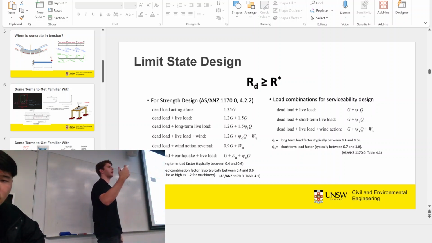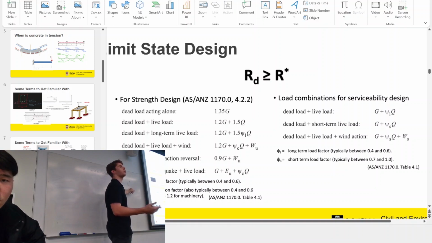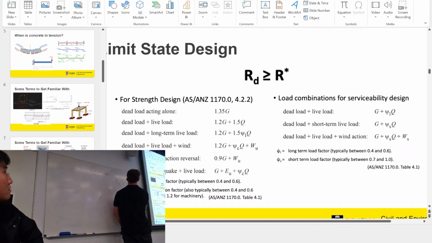So say you design a hospital, right? It might have loads from equipment, machinery, just people walking around the hospital. And so basically what you're going to do is make this seem a lot worse than it actually is. So you might apply factors of like 1.5 or 1.35 over here, right?